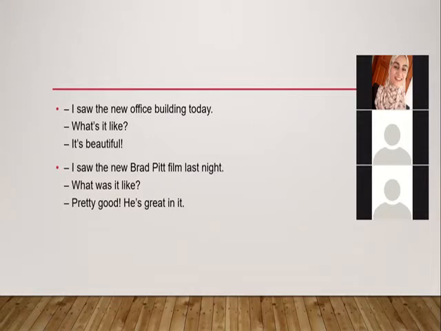Or what is the office like? It's beautiful. Or other things such as movies or films. I saw the new Brad Pitt film last night. What was it like? Pretty good. He's great in it. So here I just wanted you to know that we can also use the expression with places or with things like movies.